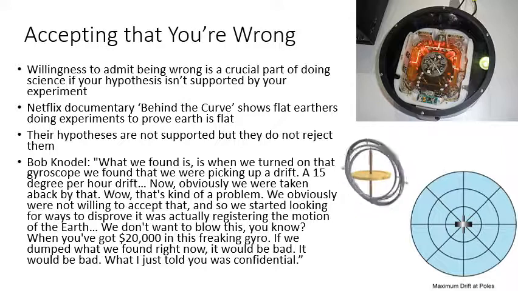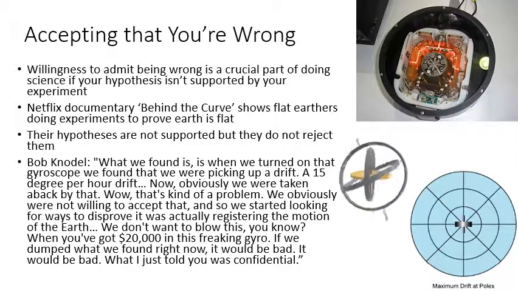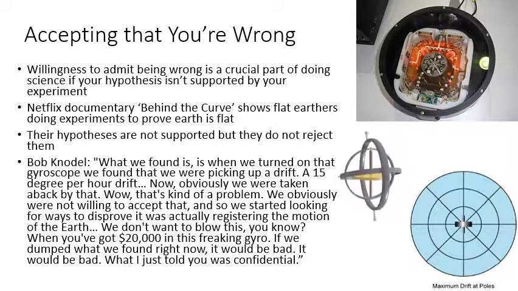So for an example of this, on Netflix they have a documentary called Behind the Curve, which is about flat earthers, which is people who believe that the earth is flat and that there's kind of a giant conspiracy to make everybody believe that it is round. So some of these flat earther people will do actual experiments to try and prove that the earth is flat.